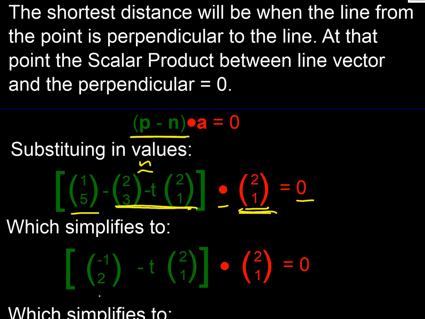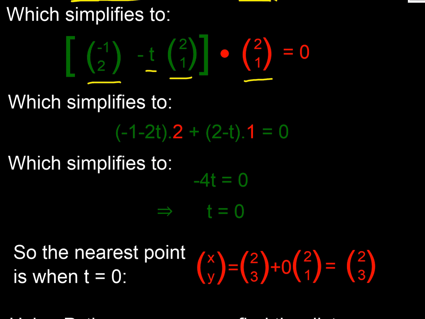So our next line, therefore, is if I just tidy up these two vectors there, I end up with the vector (-1,2), and I've got my minus t lots of (2,1), and that's going to be my dot product with (2,1). You'll probably have seen already in your own mind that we can split this bracket up and do the calculation separately.